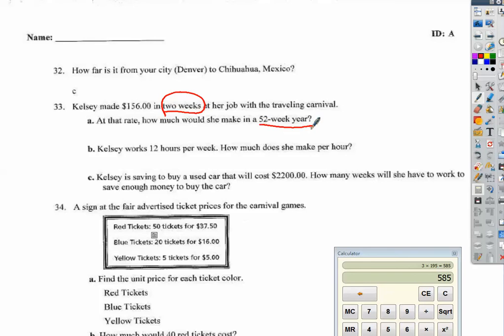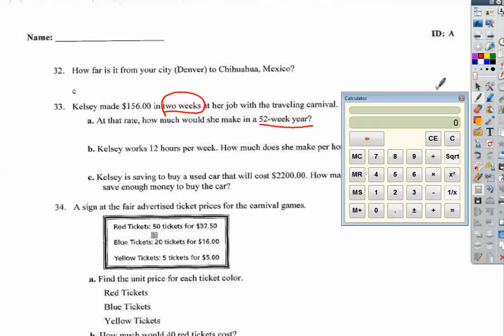How much does she make in 1 week? So I want to find her weekly rate. So 156 divided by 2, because she gets 2 weeks on one paycheck. So she only makes $78 a year. Or sorry, a week.